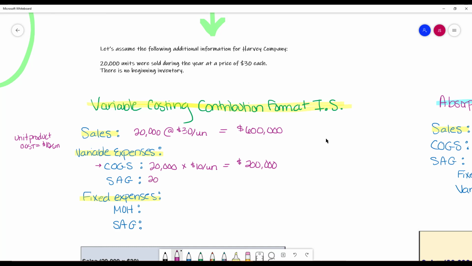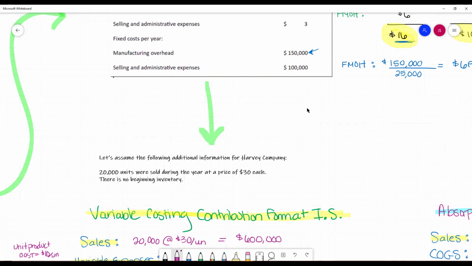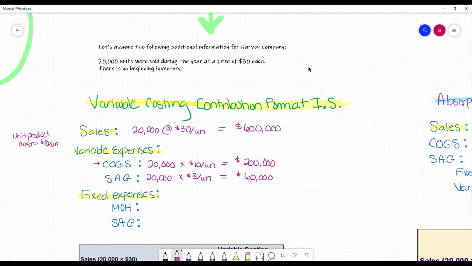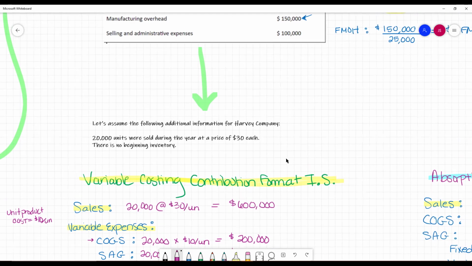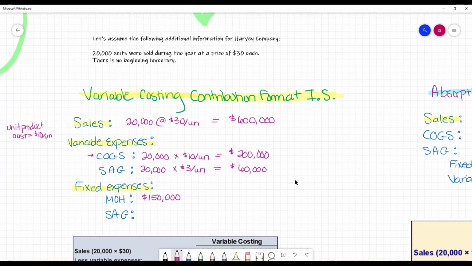So we sold 20,000 units, and it's costing us about $3 per unit sold in terms of those selling and administrative expenses. 20,000 units times $3 a unit, that gives us $60,000 of variable SG&A expenses. And furthermore, we're going to look at our fixed expenses. So the fixed overhead, that's the $150,000. And the fixed selling and administrative expenses, that's $100,000 a year.